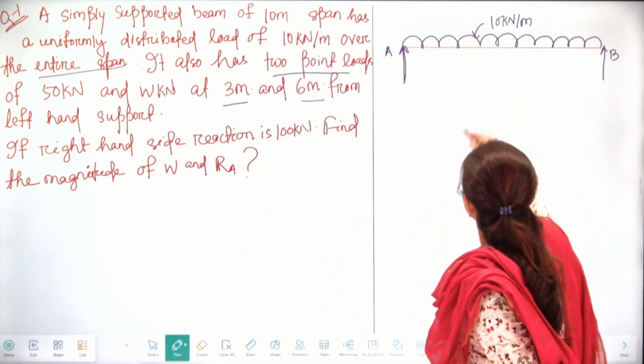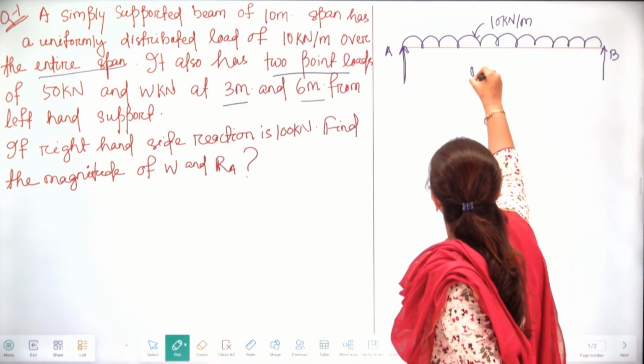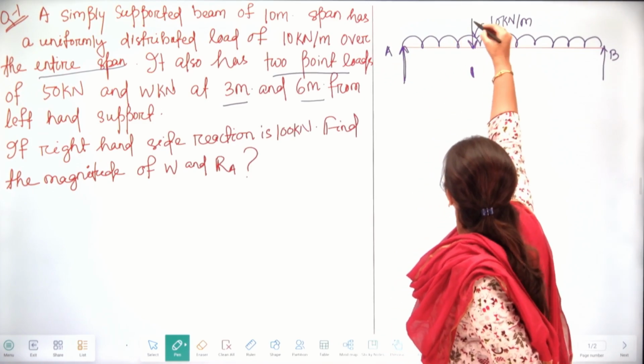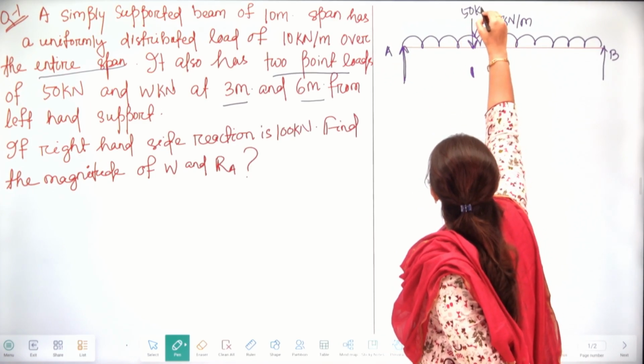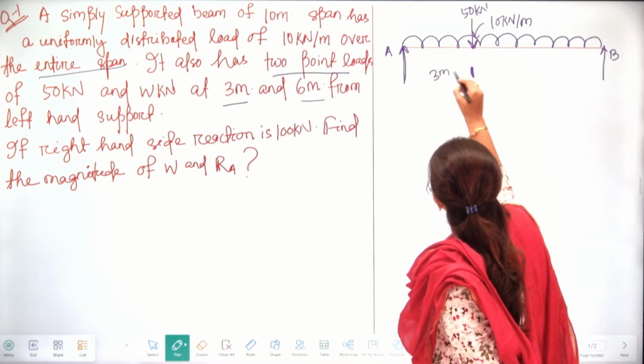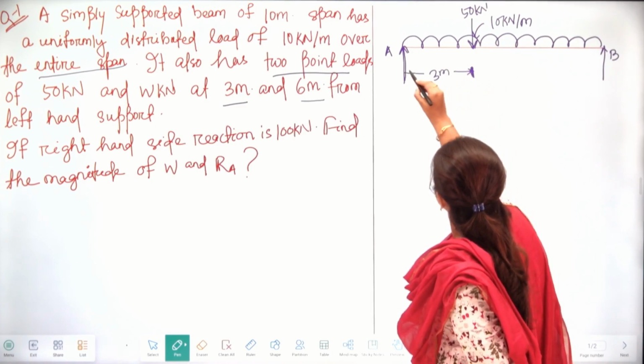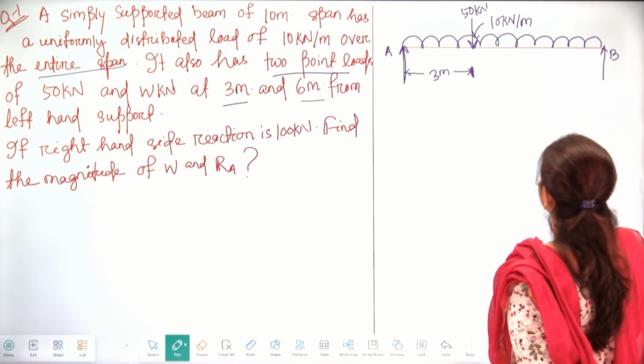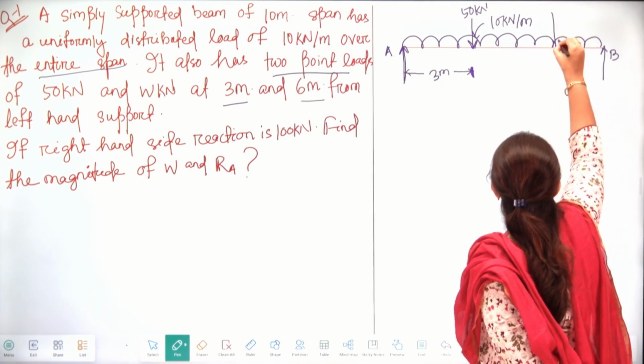So from the left hand support, at 3 meter we will have 50 kilonewton of load. Here the distance is 3 meter. Okay. And at 6 meter we will have W kilonewton load.